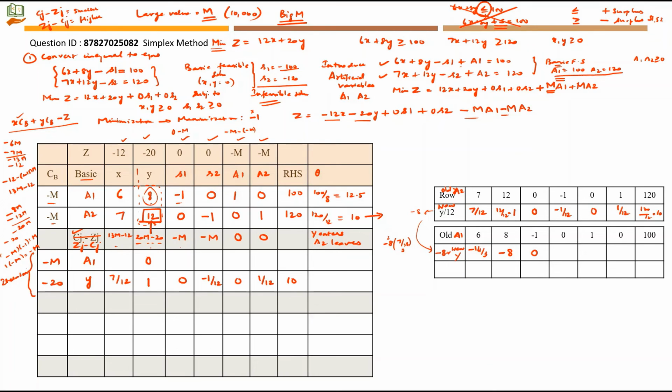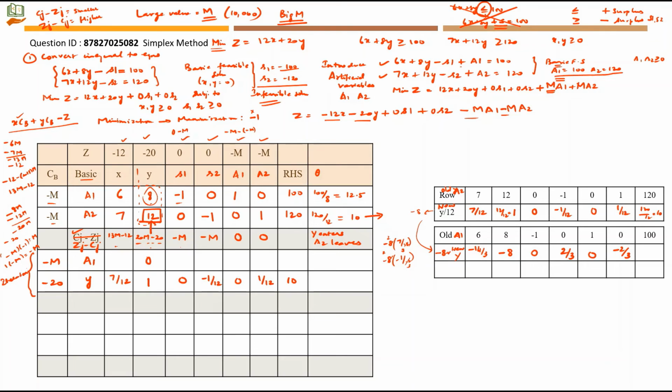Then I have minus 8 into minus 1 by 12. 2 4s are 8 and 3 4s are 12. So it is plus 2 by 3. Then 0 into anything is 0. Then I have minus 2 by 3, because it is the same 1 by 12 only, I have to just include the minus.